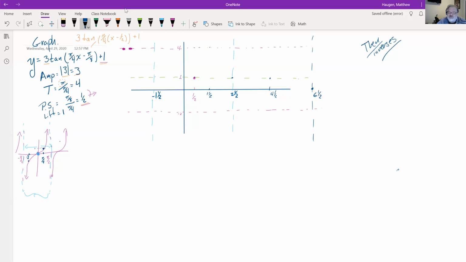So it gives us a kind of target of where we should expect that sweep to be. That's just -1, yeah. So we don't really have to draw those in, but it can be nice to give us a sense of how stretched out that 3 has made our tangent graph.